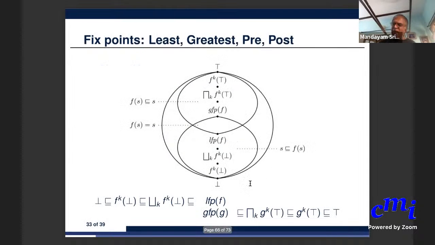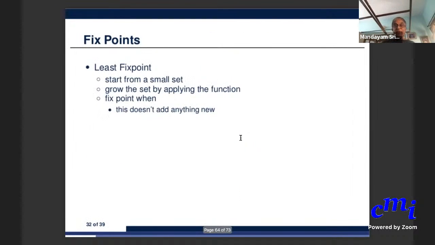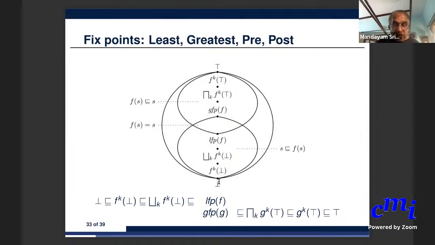Tarski's theorem was a set theoretic characterization of all fixed points of monotonic functions, but it did not give a computational flavor. You had to consider all descending chains and ascending chains in the lattice. So effectively, you have to look at the entire lattice, whereas this intuition that I just showed gives you a specific directed way to compute the least fixed point, and that's what is shown here.